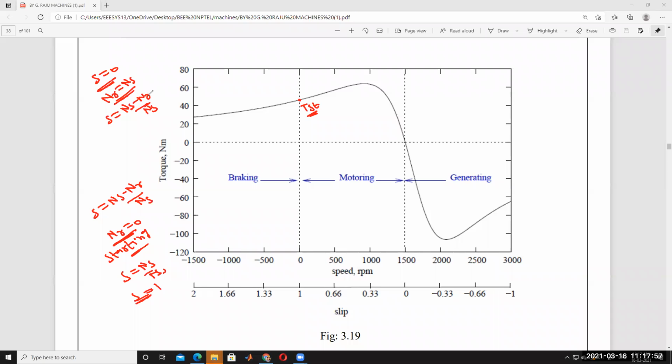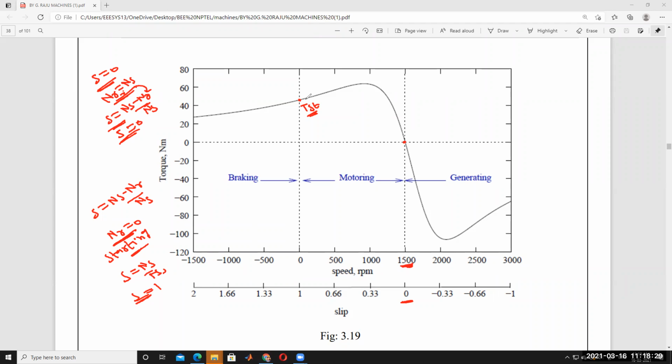Slip is equal to NS minus NR by NS; by substituting NR equal to NS, slip is equal to 0. At slip 0, what is the torque? 0. What is the speed here? 1500 RPM, that is the maximum speed. So 1500 RPM is rotating, and torque is equal to 0.